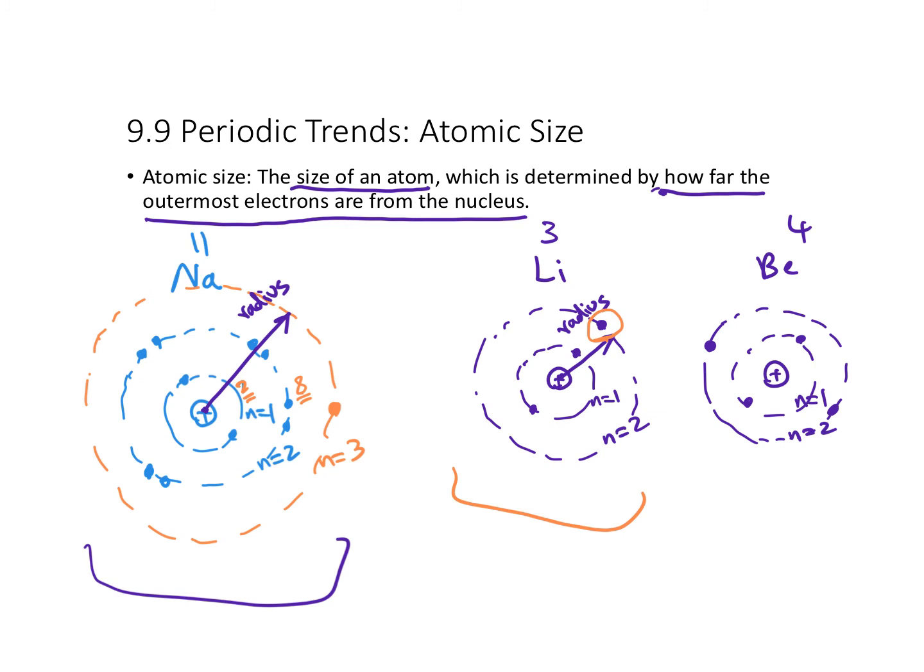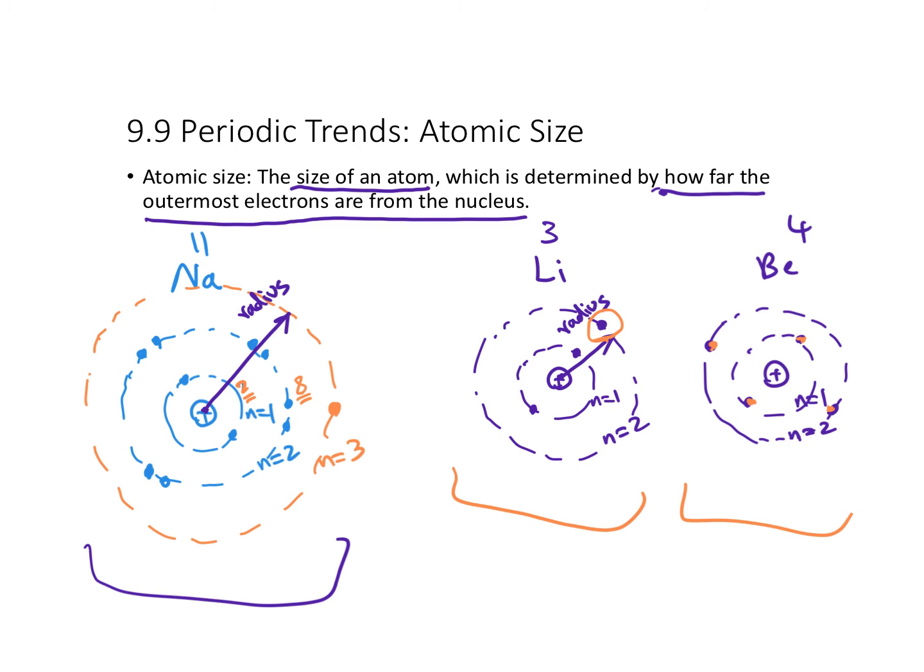It has more energy because it's not restricted by the nucleus or other electrons. So it moves more freely, and the atomic size is larger compared to this one. Here, because we have 2 electrons here and then 2 electrons here, there is a balance between positive charge and negative charge, so the atom shrinks a little.